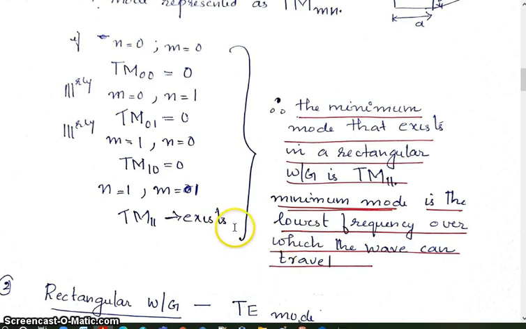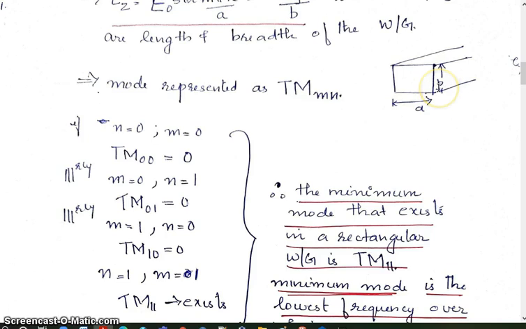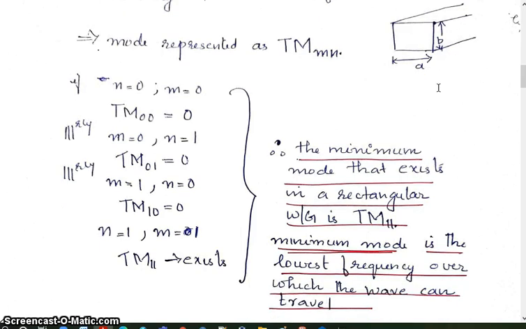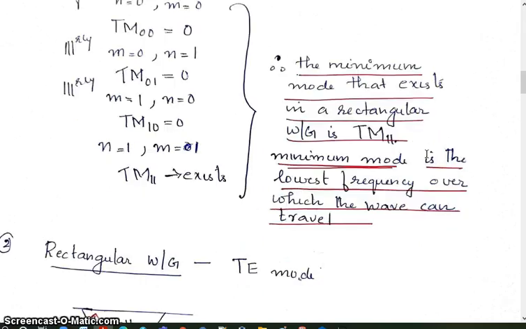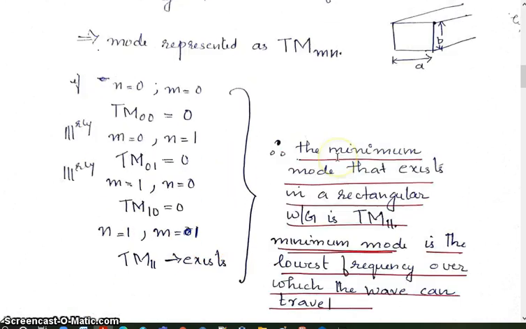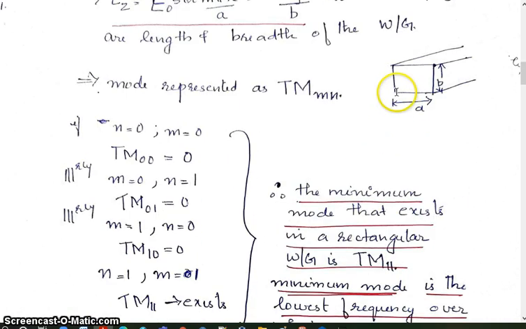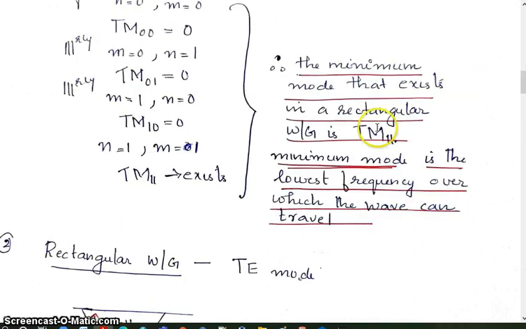So the wave traveling in this particular mode will have the lowest frequency that a rectangular waveguide can support. So if you have a wave whose frequency is less than the frequency of this TM11 mode, then that wave will not propagate through the rectangular waveguide, because the minimum frequency should be that of TM11 mode.